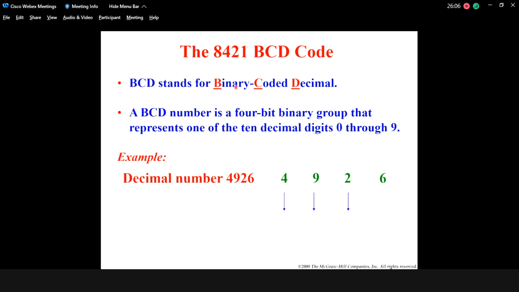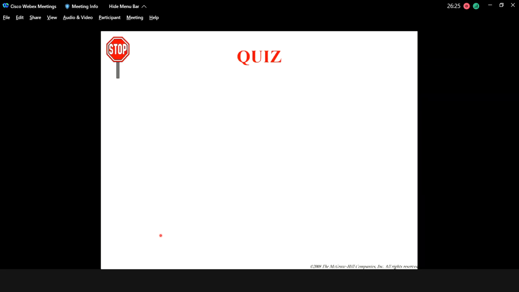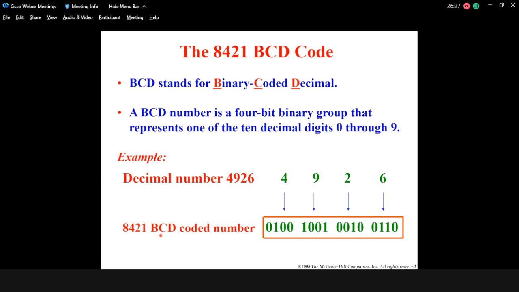BCD stands for binary coded decimal. Let's say we have a decimal number, and then we can make a conversion of this value by using a BCD IC. Nowadays you don't need to, if you are asked to do a conversion.